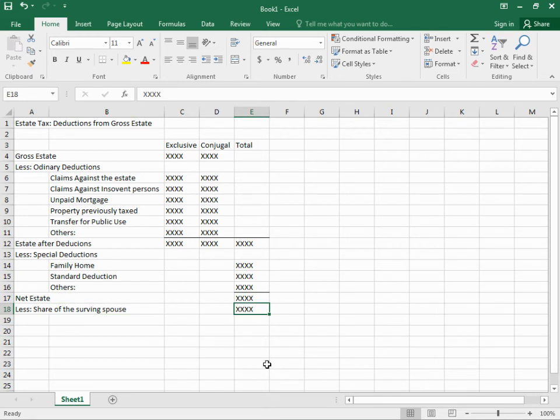Ayan. So, how much is yung share ng ating spouse? That is the 50% of the conjugal properties. Okay?